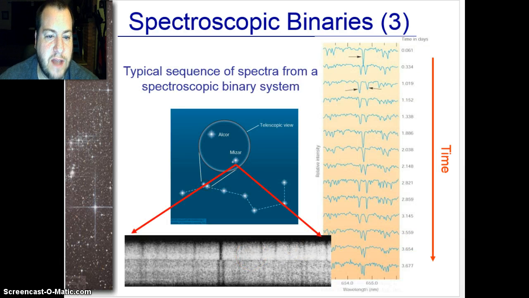Here's an actual example of spectroscopic binaries. Mizar is a spectroscopic binary star. And this is what two spectroscopic views of that would look like. Computers these days use the dip in the graph, so the dip in the brightness as they come together.